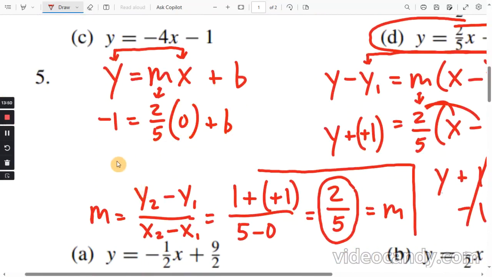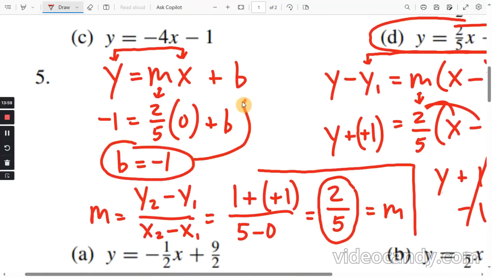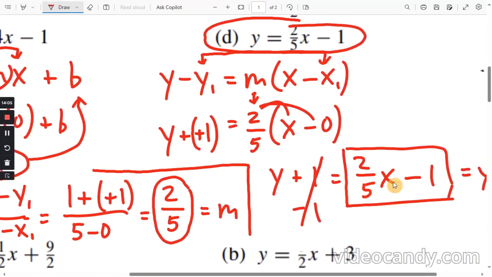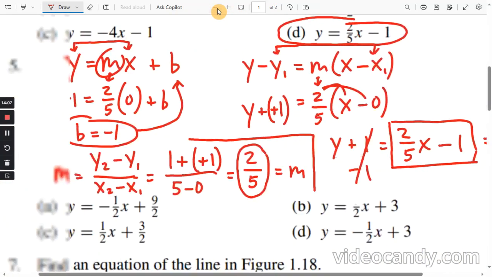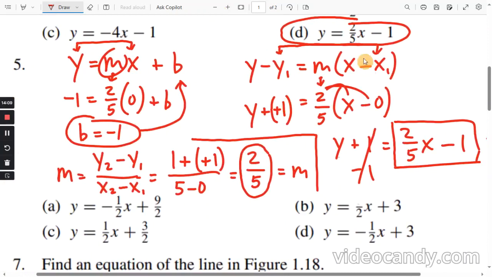So basically b is -1. Then you rewrite the equation using b and the slope. You take the b, you plug it in there, and we have the slope m. So it would end up being the same thing, 2/5 x minus 1. So either way works. I like point slope better because you distribute instead of solving for b, but it's the same thing.